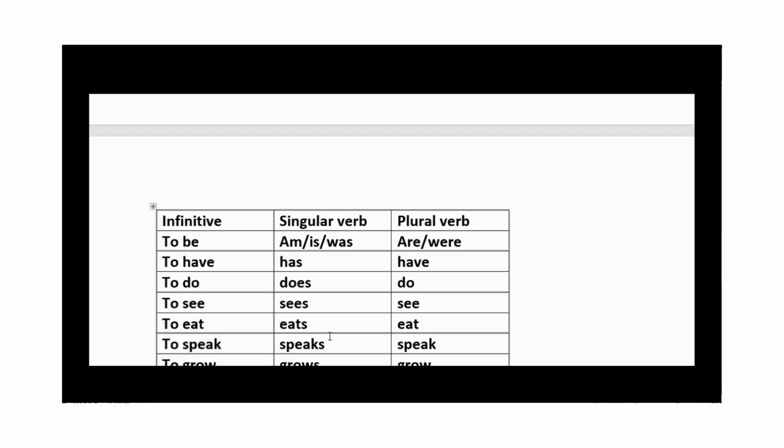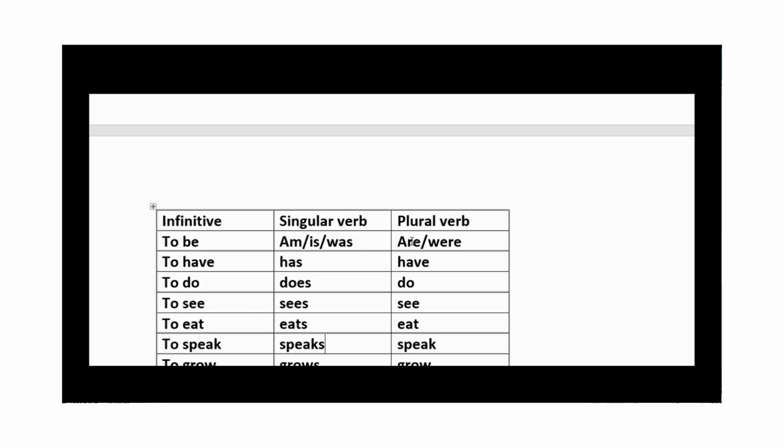Now, the verb infinitives can change in spelling or change form to agree with the subject. Like we can see here, the verb to be can change to am, it can change to is, it can change to was. So these are singular forms: singular present tense am, singular present tense is, then singular past tense was.